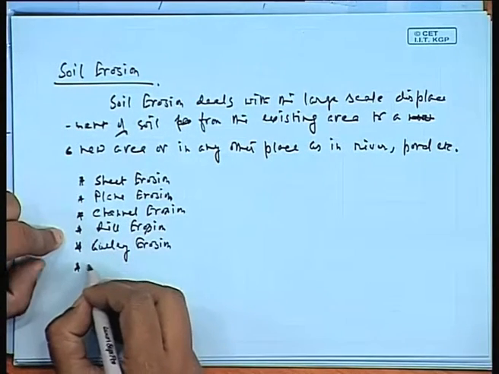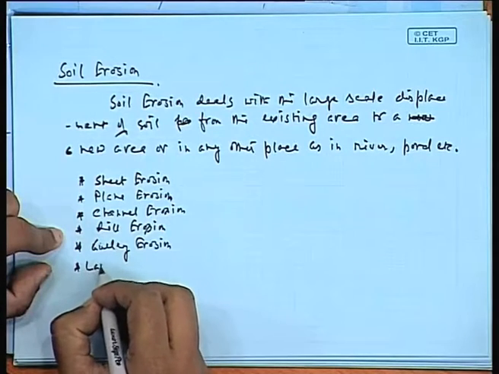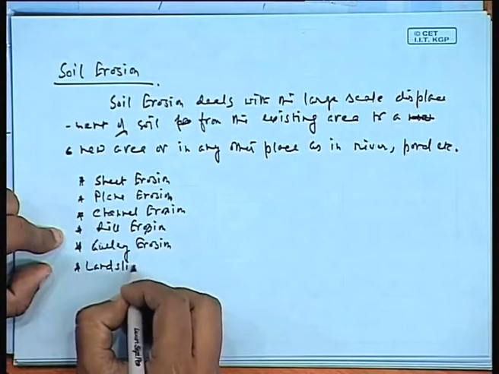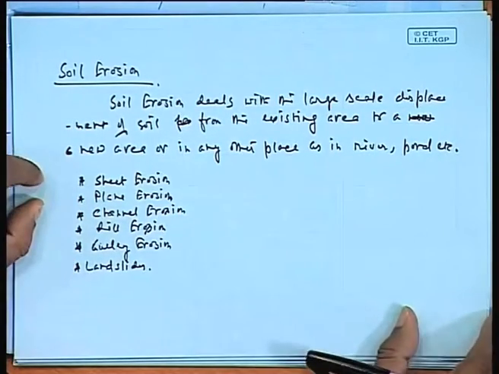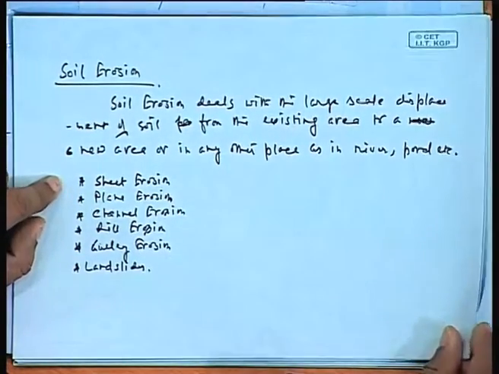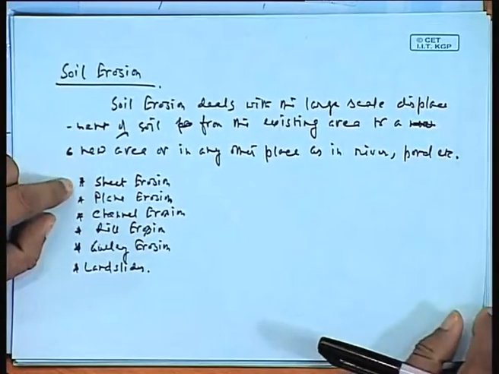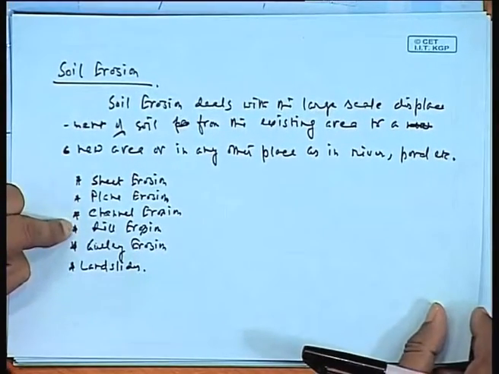So these are sheet erosion, plain erosion, channel erosion, rill erosion, gully, and landslides. Let me explain further.